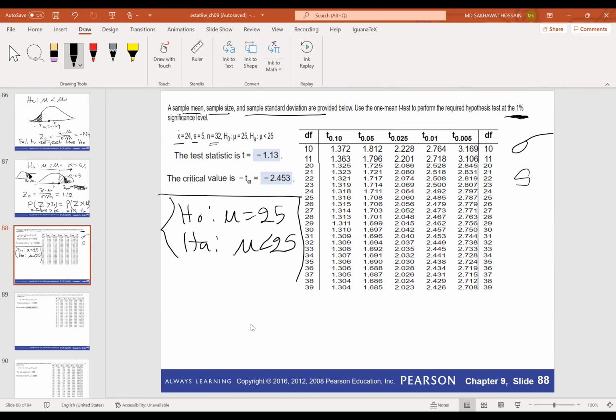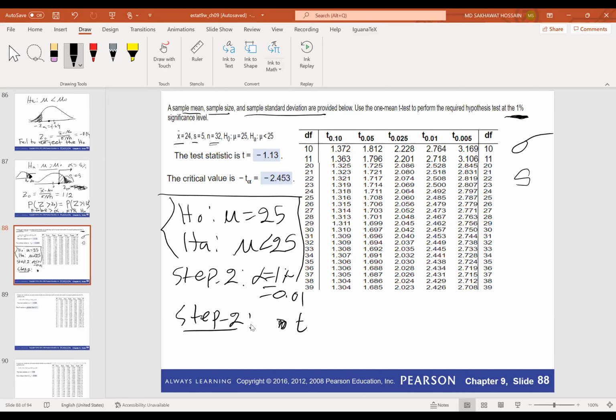Okay, the next step is to determine the alpha value, which is 1%, so that means 0.01. Step 3 is to calculate the test statistic.